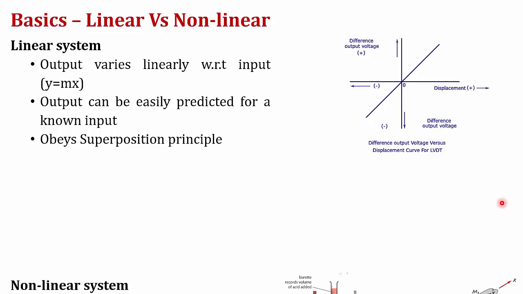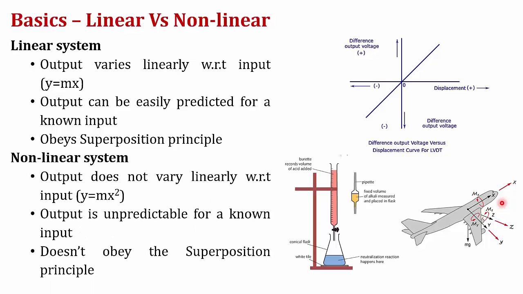When we look at the non-linear system, a good example is given here. You have a conical flask and a burette. When the liquid in the burette is added to the liquid in the conical flask, the change will not be linear.